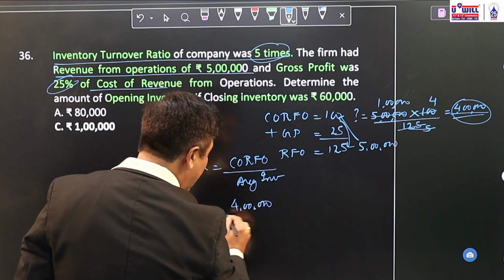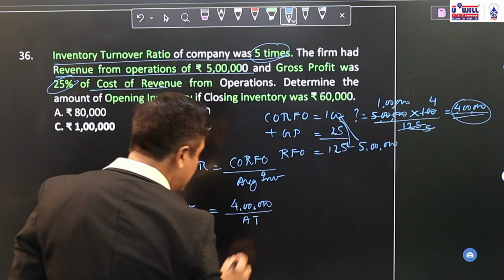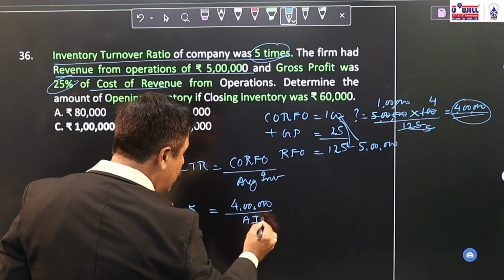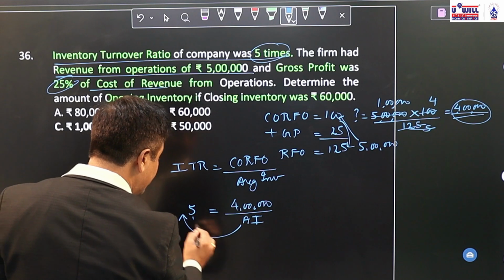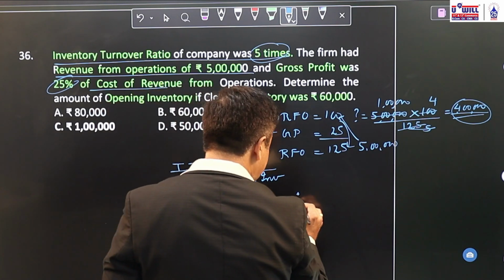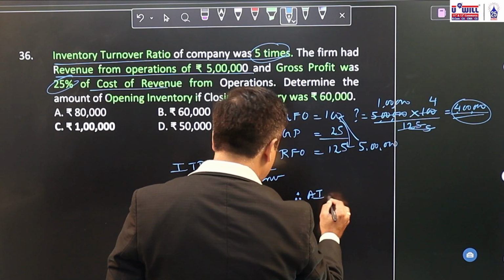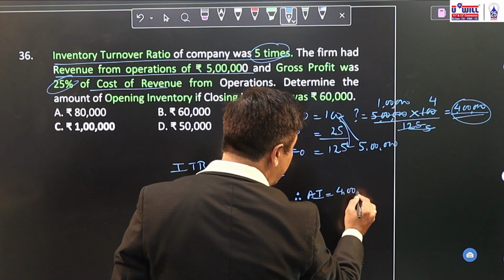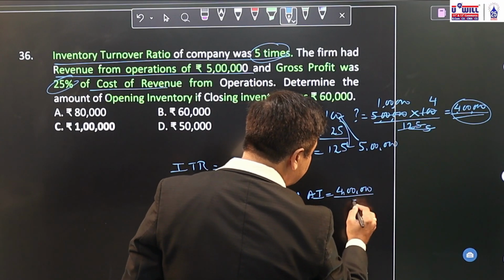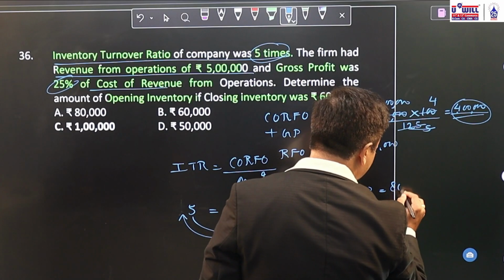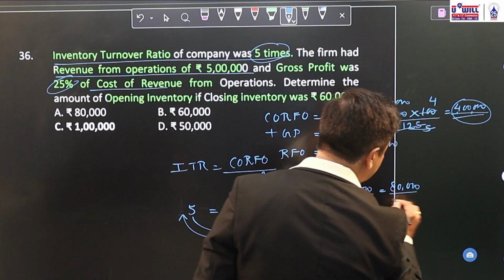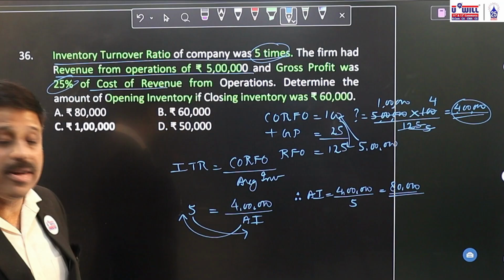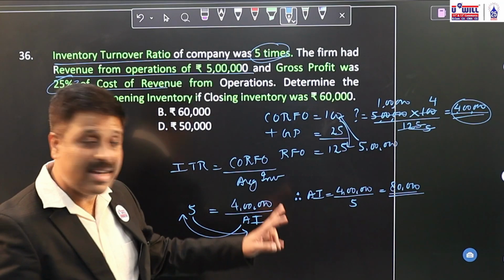So we can find out average inventory from this. Okay, AI is average inventory, not artificial intelligence. So what will be average inventory equal to? 4 lakhs divided by 5, 80,000.